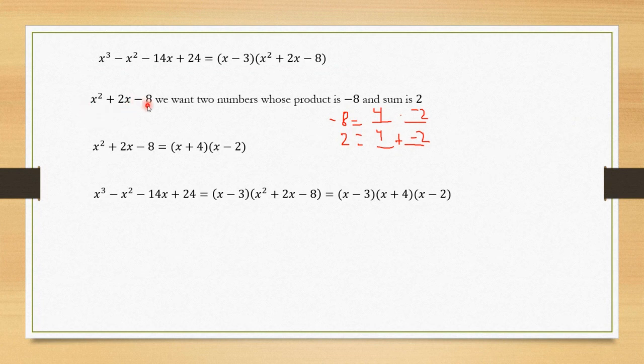You want two numbers whose product is, in this case, negative 8, the constant term. The sum of those two numbers has to be the coefficient here, which is 2. I know the answer is here already, but we want two numbers whose product is minus 8 and whose sum is 2. So, of course, 4 and negative 2 pull that off. And so that tells us we get x plus 4 times x minus 2. Plug it in here, we get the factorization. So we can use division to get the factorization.